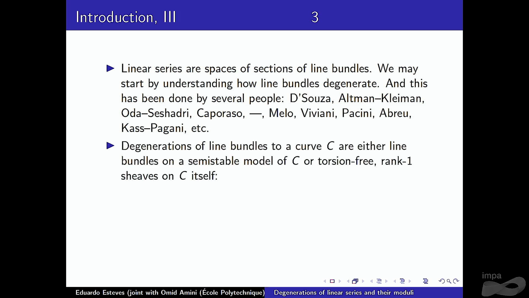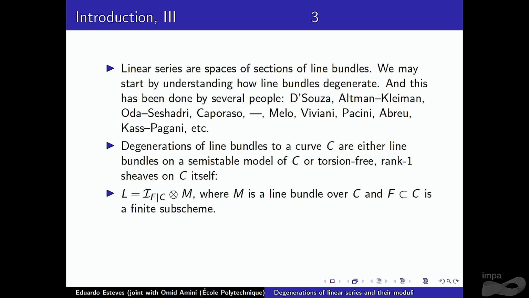So the degenerations of line bundles to a curve, we can view them as either line bundles on a semistable model of the curve, or as these torsion-free rank 1 sheaves on the curve itself. And that's how we're going to view them anyway, the second approach. So what's a torsion-free rank 1 sheaf? It can be described as a line bundle tensored with the ideal sheaf of a finite subscheme.